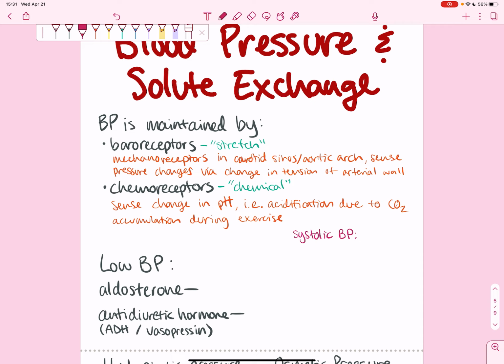So that has increased pressure on the arterial walls.